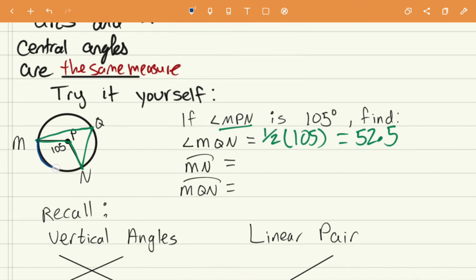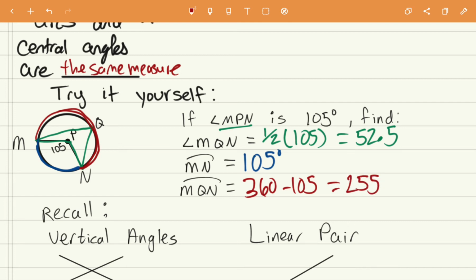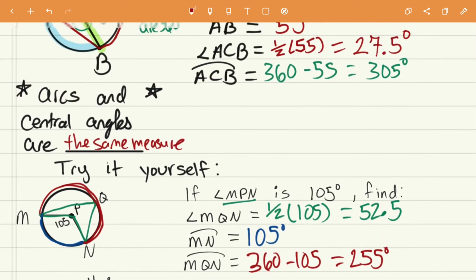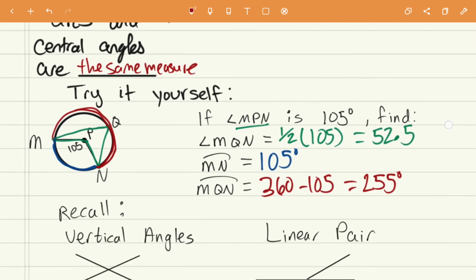Arc MN is going to be equal to that, so that is also 105 degrees. And then major arc MQN is going to be 360 minus 105, and that equals 255 degrees. So hopefully you got that right.